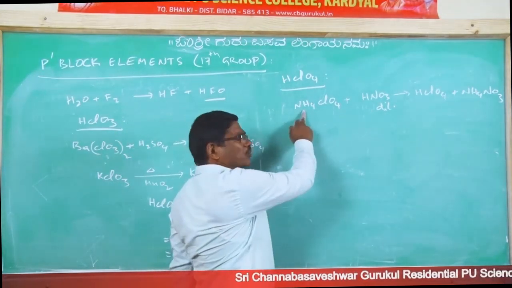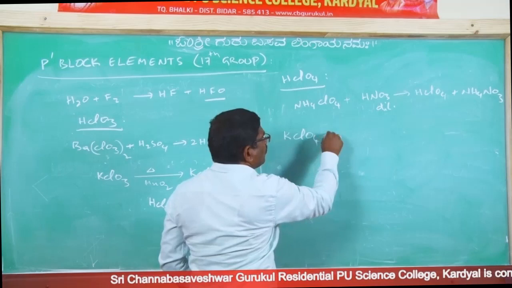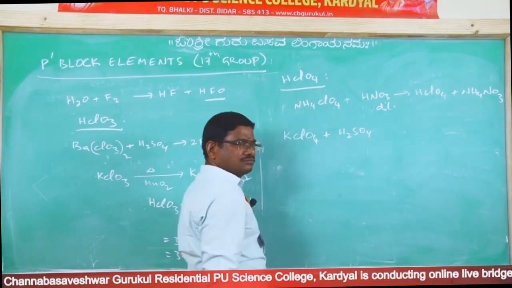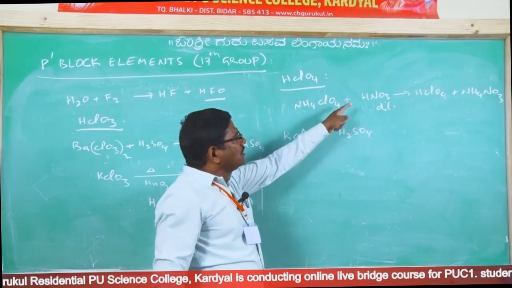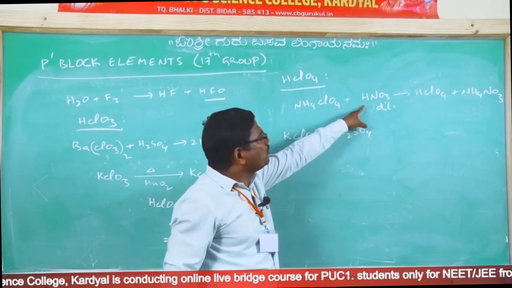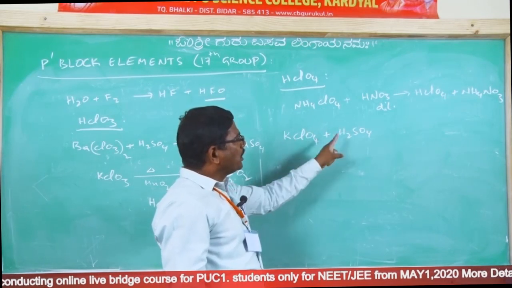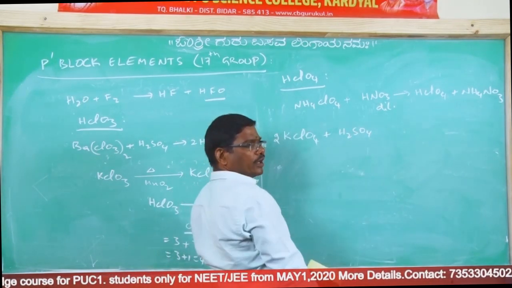Now in place of ammonium, suppose you take potassium perchlorate, when treated with concentrated sulfuric acid. Actually here, the perchlorate salt, when treated with a proton-generating acid, the proton will be shifted to the perchlorate anion, that's it. So potassium perchlorate reacts with sulfuric acid, 2 moles of potassium perchlorate required.